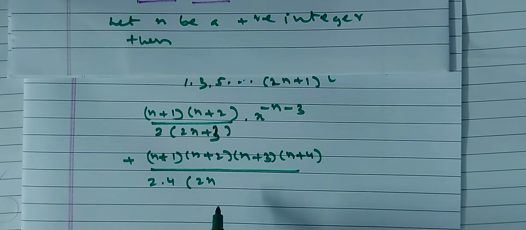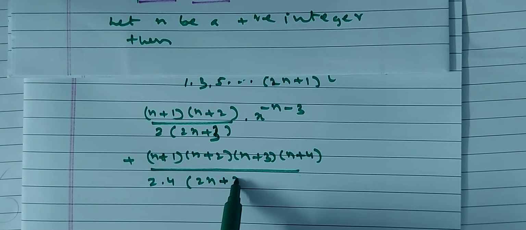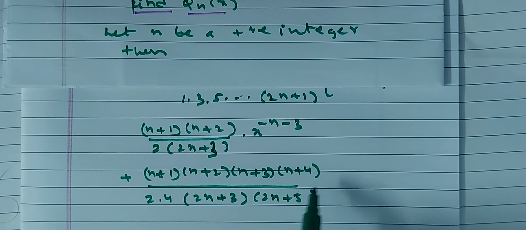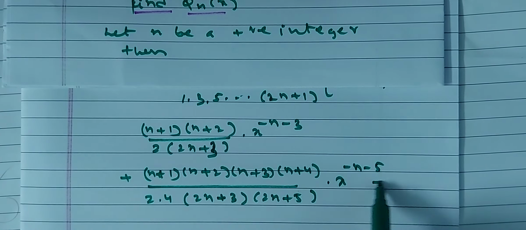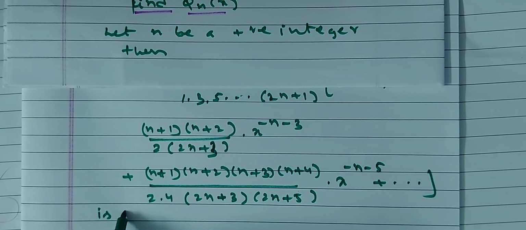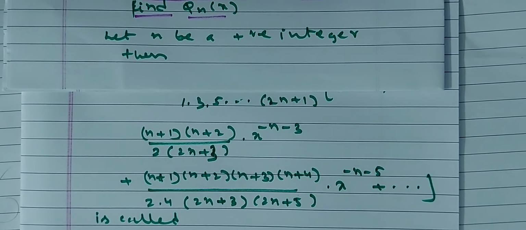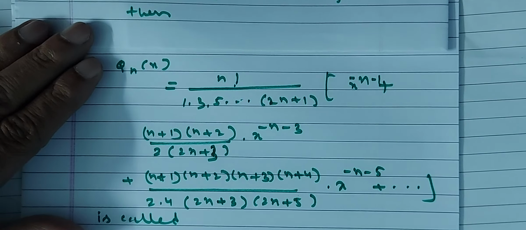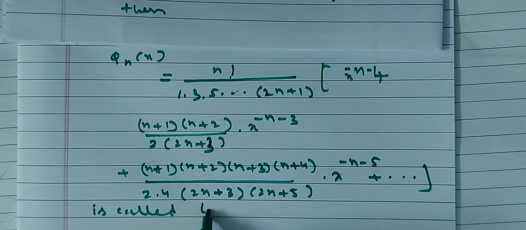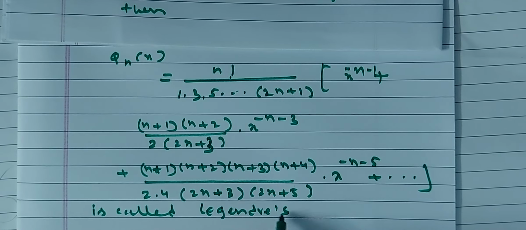Whereas now in continuation, 2n plus 3 into 2n plus 5 into x to the power of minus n minus 5 plus and so on is called Legendre's function of second kind.